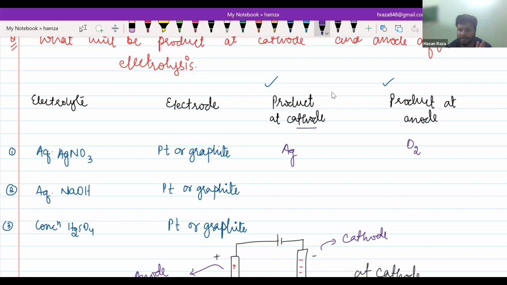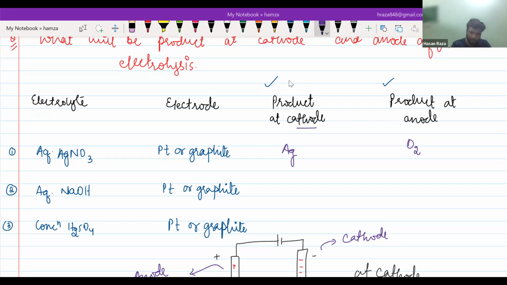Since we have two cations, only one of them will go to the cathode. It's wrong, hydrogen at anode. Anode is positive and hydrogen is also positive. How can positive attract positive? They will repel each other, no?